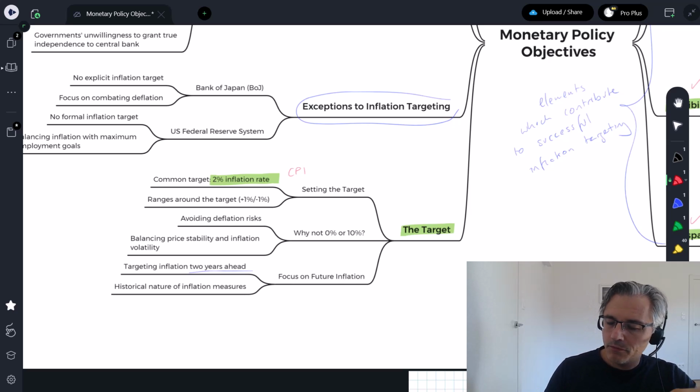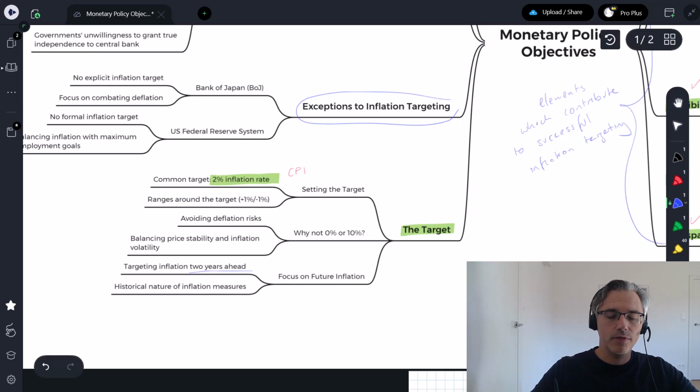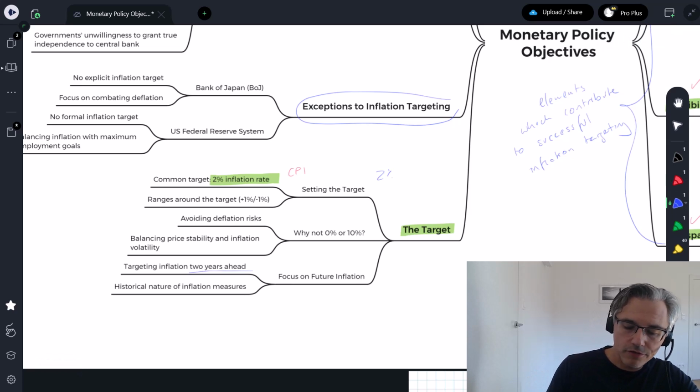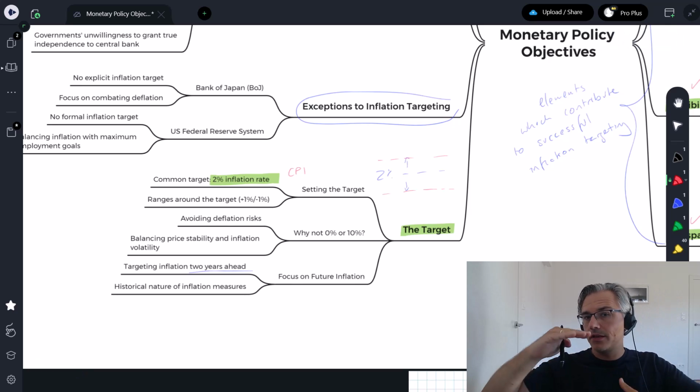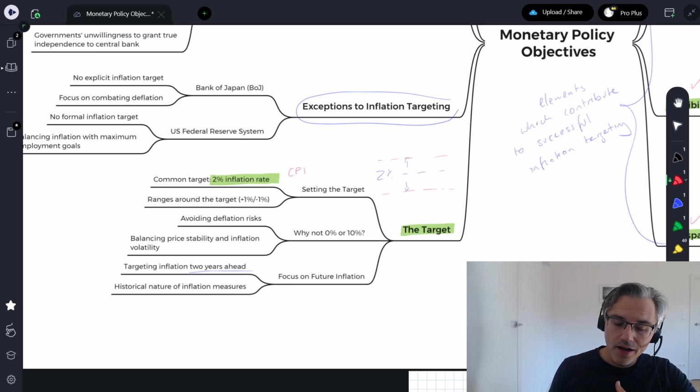However, most central banks do it in such a way that they set themselves a target of 2% or something close to that, and they permit deviations from that target within what is going to effectively be a symmetrical band around, or range around, the target. And the most common one you're going to find is plus or minus 1%. So effectively you get 1% and 3%.